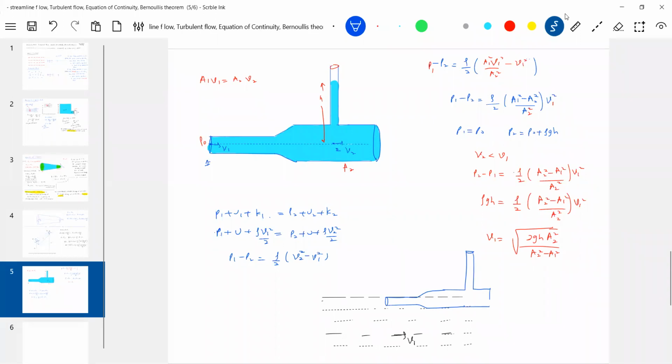So what is the meaning of this? Then what will happen? This liquid will rise to a certain height. Everywhere liquid is there. This equipment is dipped into the flowing river.